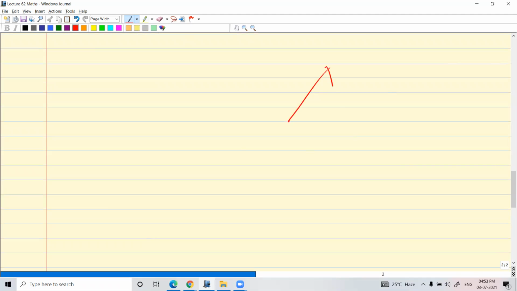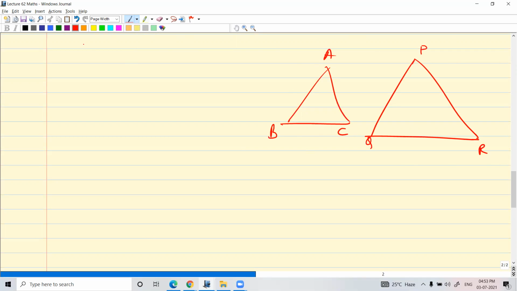When we have two triangles ABC and PQR, if you draw the altitude, let's say, this is D, and let's draw the median also.